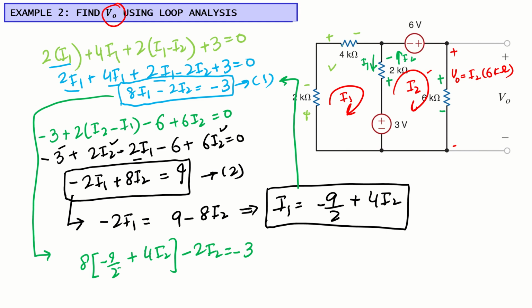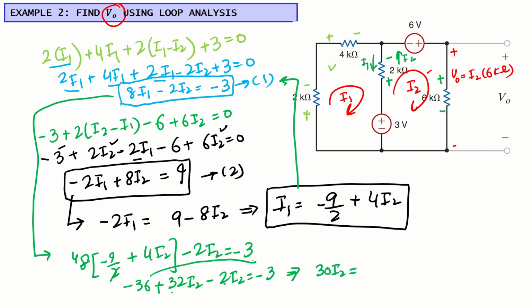So what will we have here? The 2 will become 4, so 9 times 4 is minus 36. Then 8 times 4 is 32 I2, minus 2 I2. So that will be basically 30 I2.